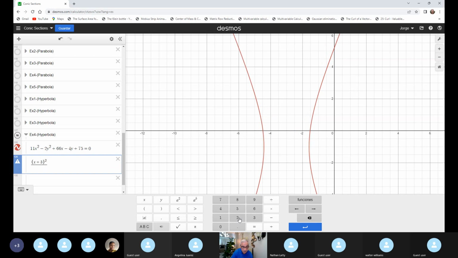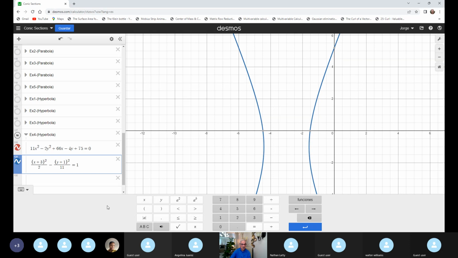Remember, k squared is 2. Now I put minus, subtraction, hyperbola. Again, parenthesis, y plus 1, squared again, divided by 11. Equal 1, because in the standard form the right-hand side is 1.